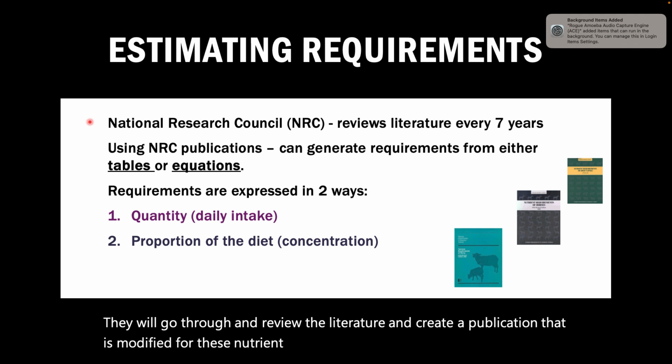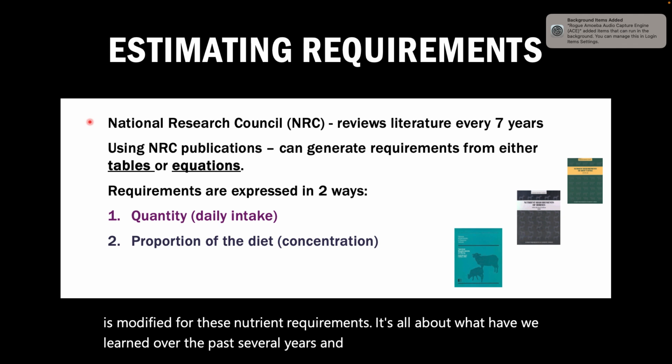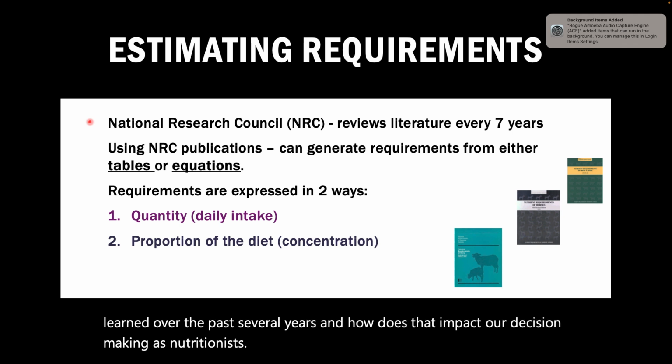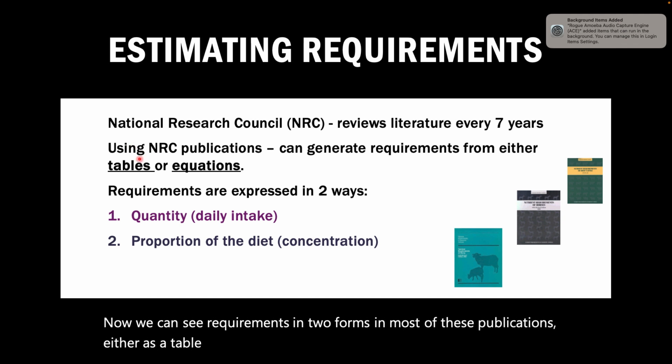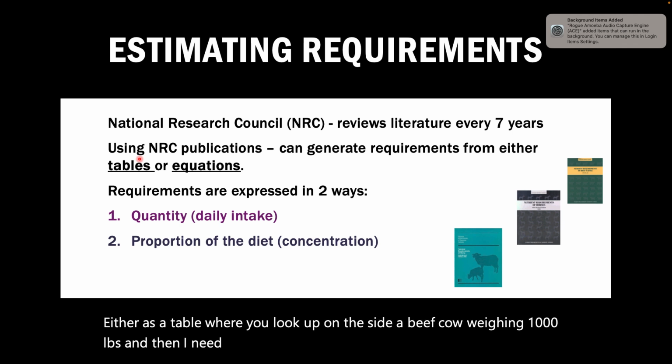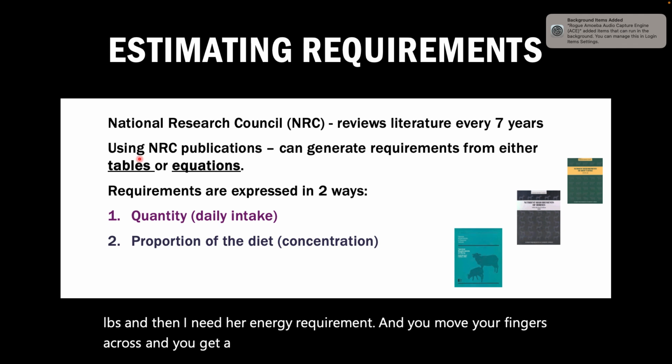It's all about what have we learned over the past several years and how does that impact our decision making as nutritionists. Now we can see requirements in two forms in most of these publications. Either as a table where you look up on the side, beef cow weighing 1,000 pounds, and then I need her energy requirement, and you move your fingers across and you get a number. That's a table.